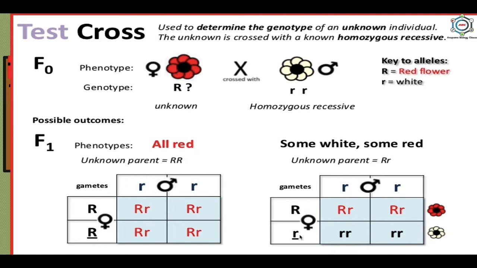And if some white and some red are formed, then the unknown parent is capital R small r. It means the heterozygous dominant is the parent. So the test cross is used to determine the genotype of an unknown individual.